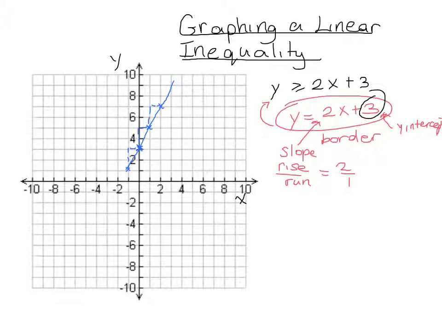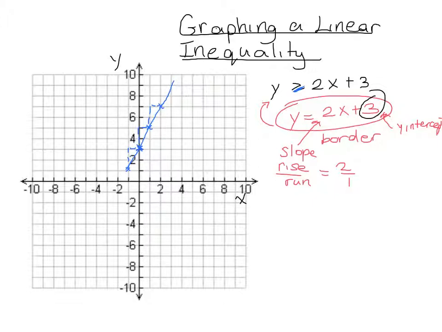Now here's an important thing for us to note. That line is actually a part of our solution, since y is greater than or equal to 2x plus 3. So that's a part of our solution. But where's the rest of our solution? Well, since y can be greater than that line, it can be more than that line, it can be higher than that line.